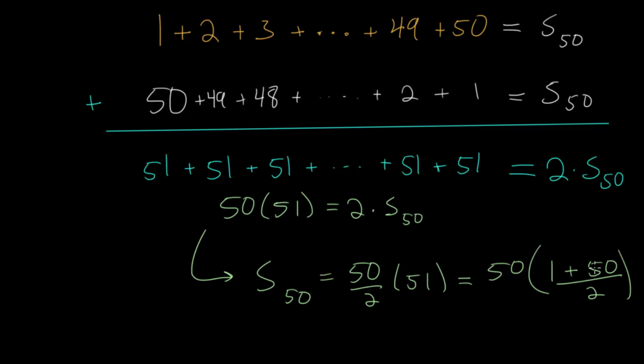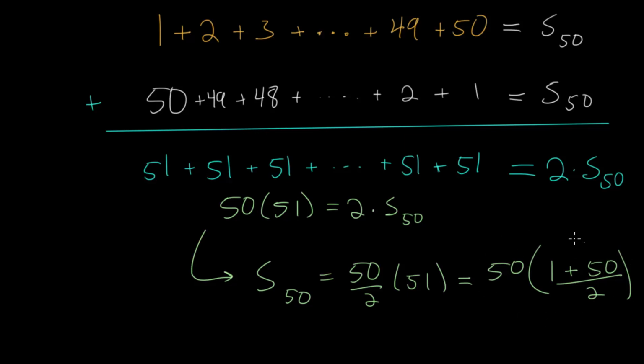The reason we write it like this is to notice the pattern. This is the pattern for all arithmetic series that are finite. When you add them together, it's always going to be the first term plus the last one divided by 2 multiplied by the number of terms.